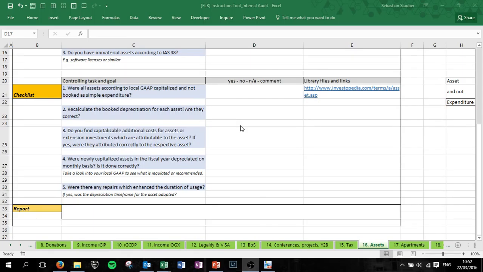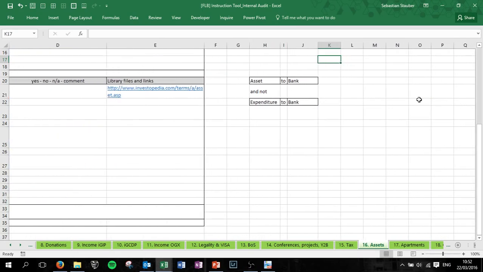First of all, you check what kind of assets you have and if they were capitalized and not simply booked as an expenditure. When you take a look here, this is the correct booking: asset to bank, so you pay for the asset and you book it as an asset. It is not an expenditure.